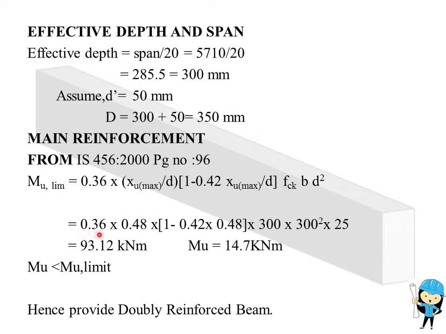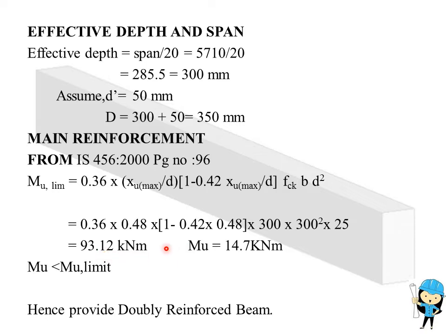Therefore, it is 0.36 into xu max divided by d value is 0.48. So, it is substituted here into 1 minus 0.42 into 0.48 into FCK value is 25, B is 300, D is 300. So, it is substituted. Value of Mu limit is equal to 93.12 kilonewton meter.